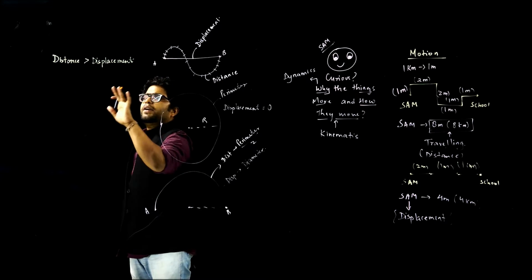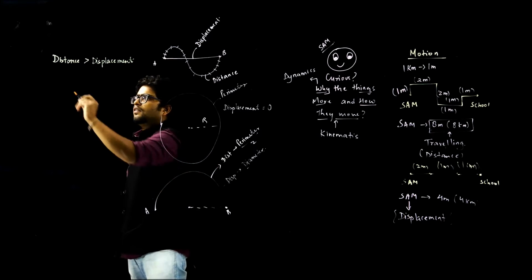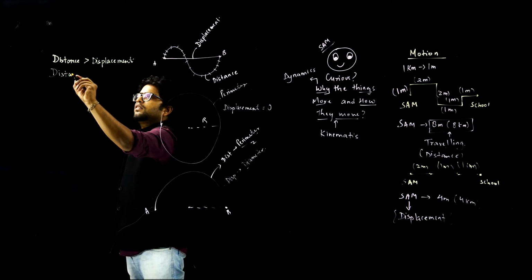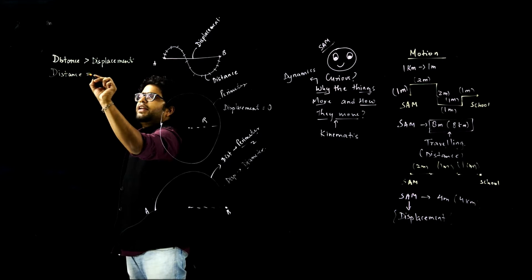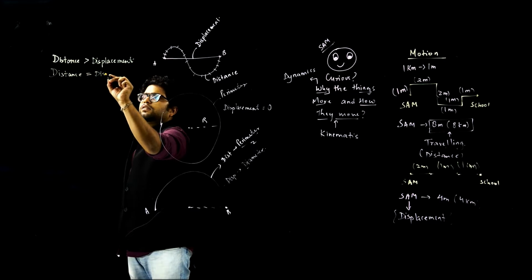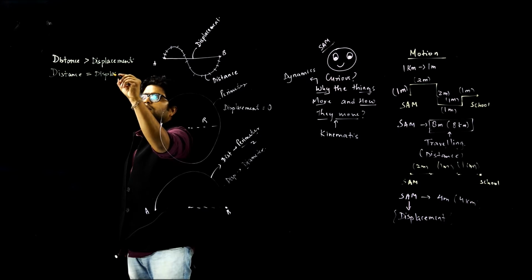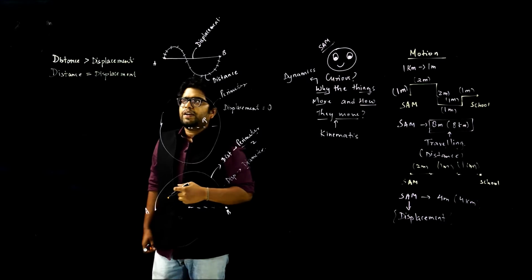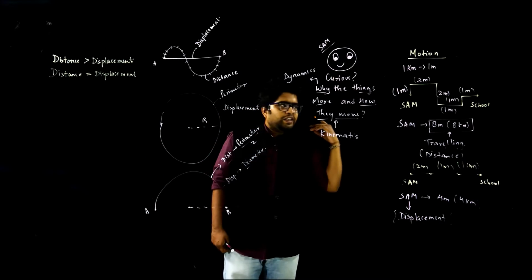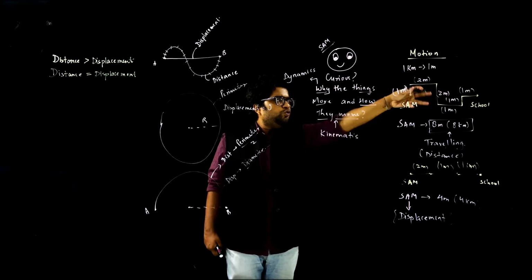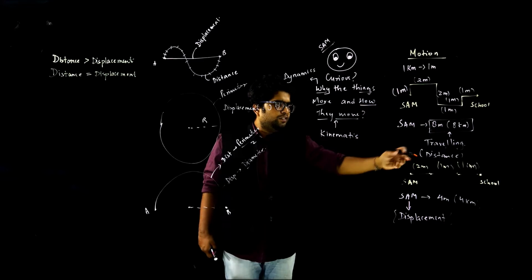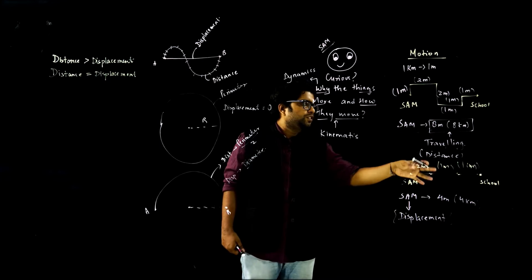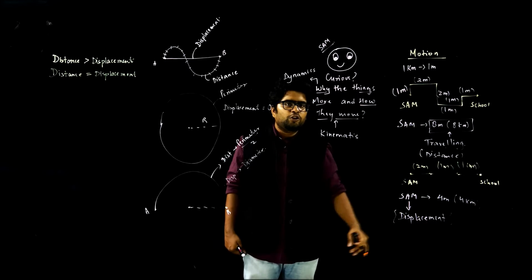But distance can be greater than displacement, or distance can be equal to displacement. Now, in which case will distance be greater than displacement? Sam's traveling from home to school is a clear-cut example of distance and displacement distinguishing, and in this case distance is greater than displacement. Distance was 8 kilometers and the displacement was 4 kilometers.